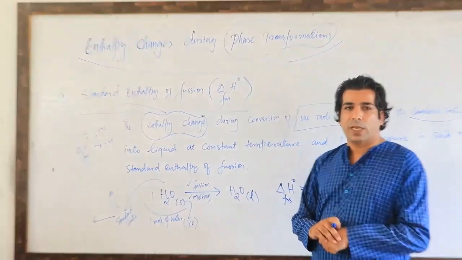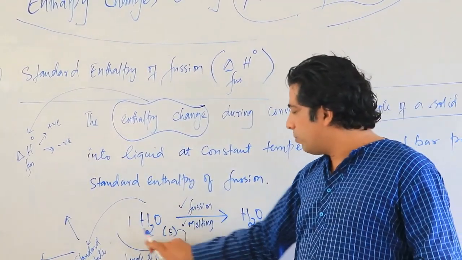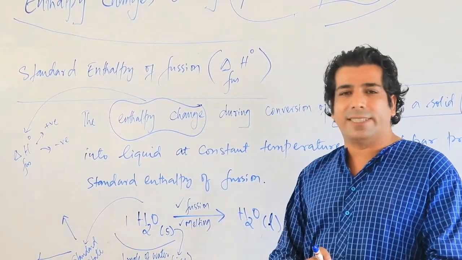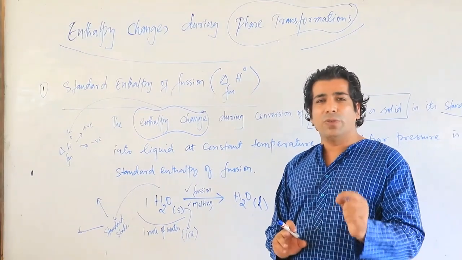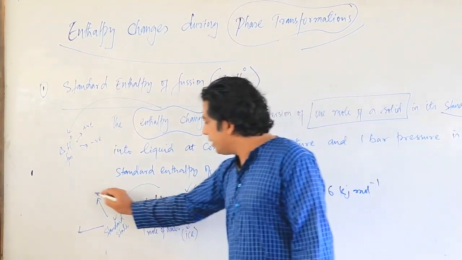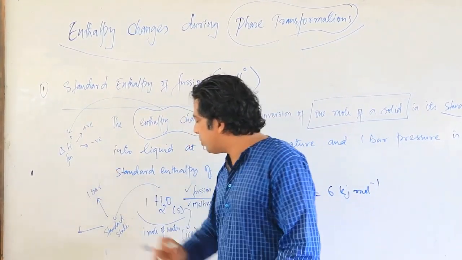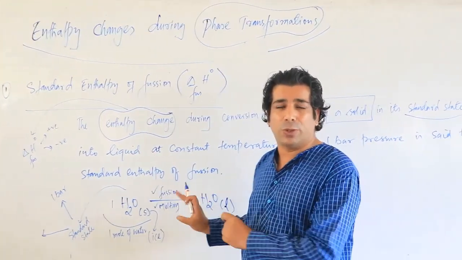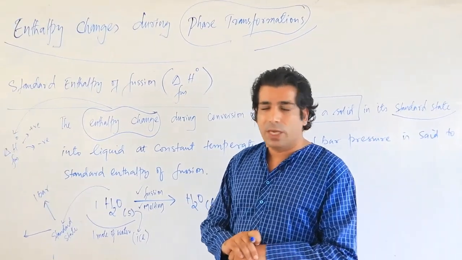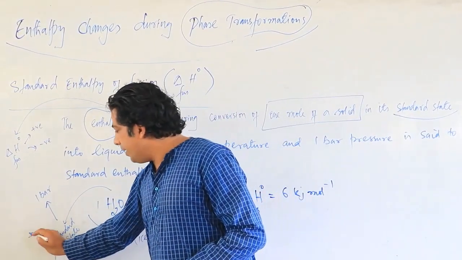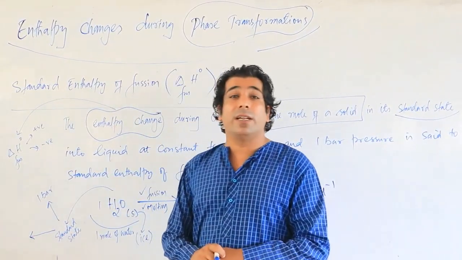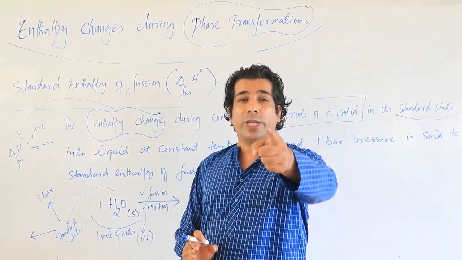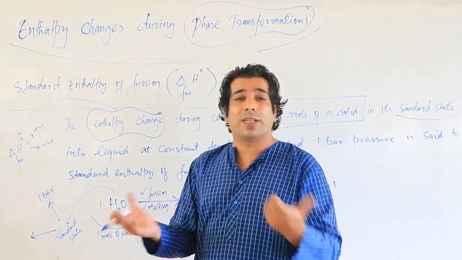Now, if I call this solid water a standard state, then I have to fix two things. It should be at 1 bar pressure, so this physical process should take place at 1 bar pressure. And second, I need the temperature of interest. Usually 298 Kelvin, I told you, but it's not necessary.